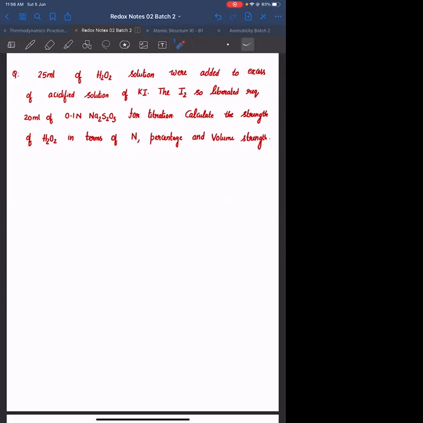The I2 so liberated, meaning in the reaction there is liberation of I2, required 20 ml of 0.1 normal Na2S2O3 for titration. They have given the normality of Na2S2O3. They are asking to calculate the strength of H2O2 in terms of normality, percentage weight by volume, and volume strength. Percentage weight by volume only has to be taken.